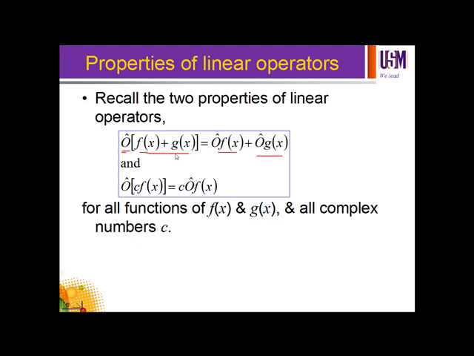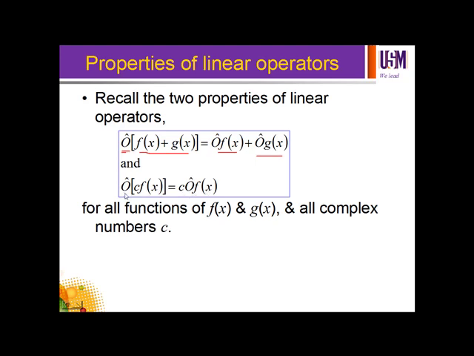That means the operator for two combined functions must be equal to operator f plus operator g. That means you can add them individually. That's the first property of linear operators.